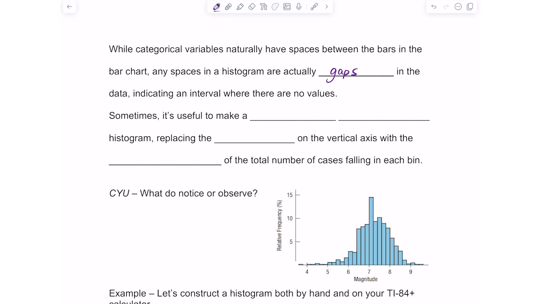Sometimes, as we did with bar charts, we made relative frequency bar charts. We're going to also make relative frequency histograms. And if you'll recall, relative just means we're going to replace the frequencies with percentages.